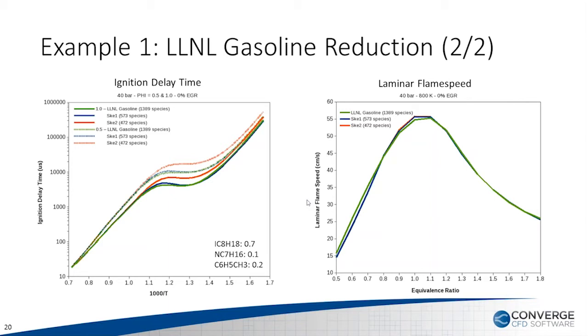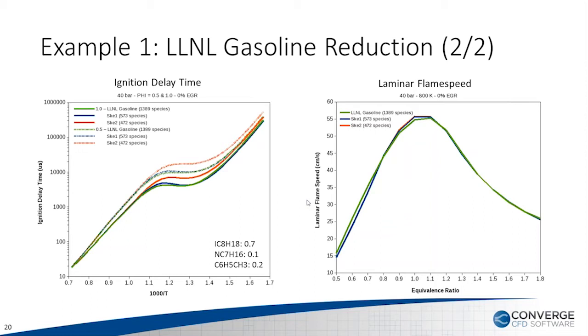However, differences show up near 1,000 K, the NTC area. You can see the 500 species mechanism does significantly better than the 472 species mechanism.